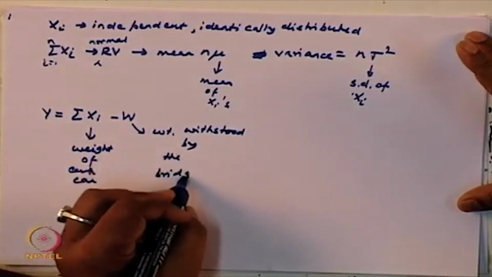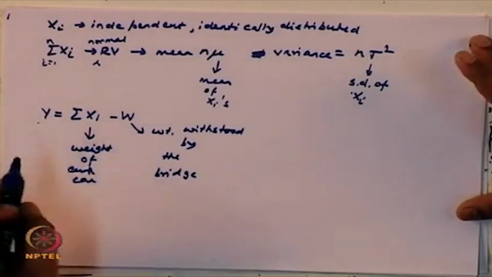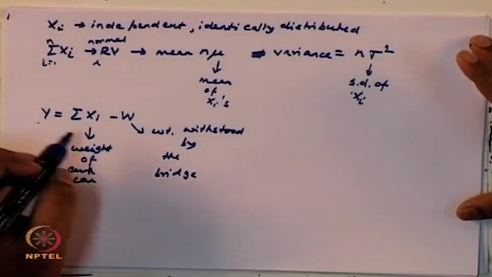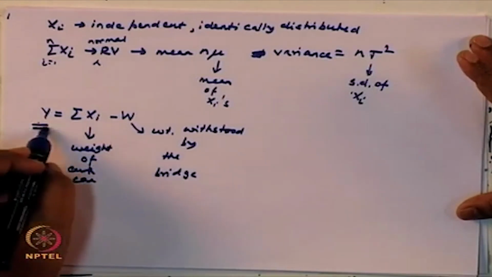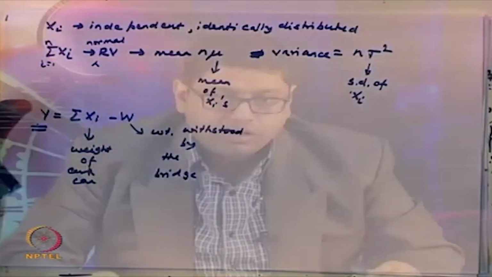And we found its mean and standard deviation, and then translated it to the normal distribution to estimate the probability of damage.